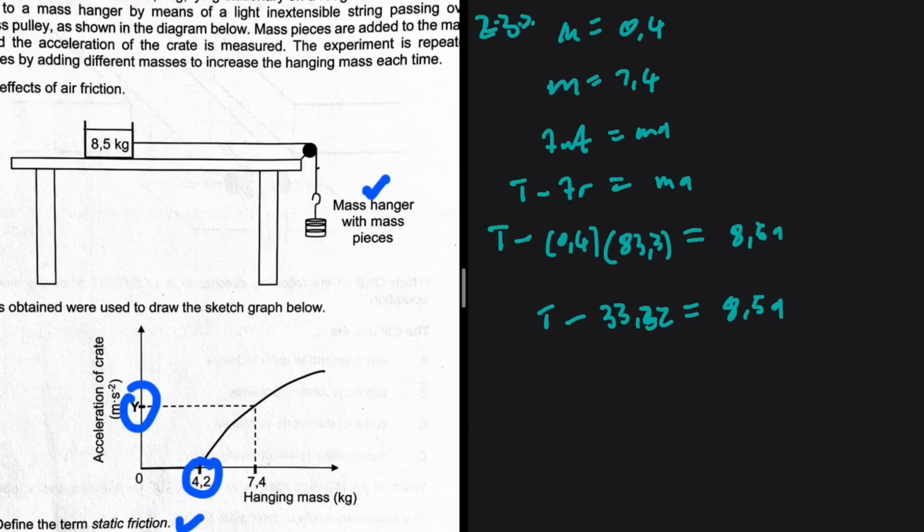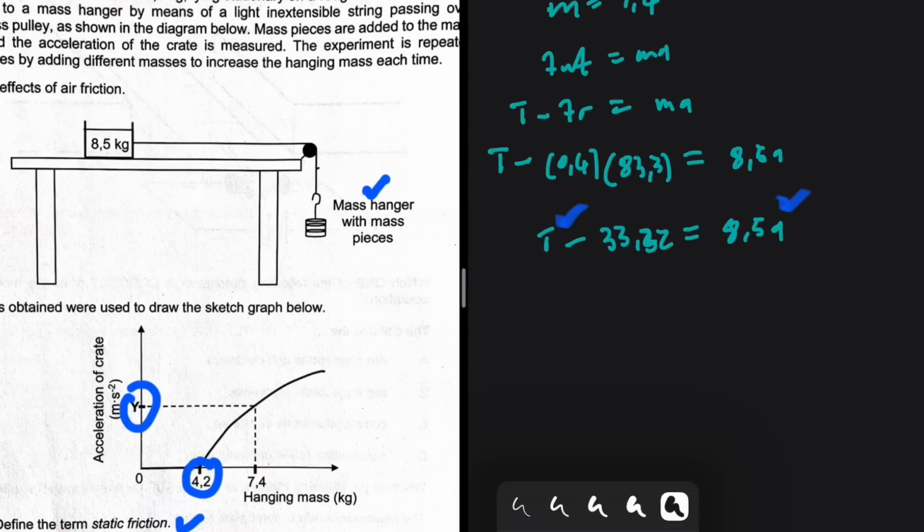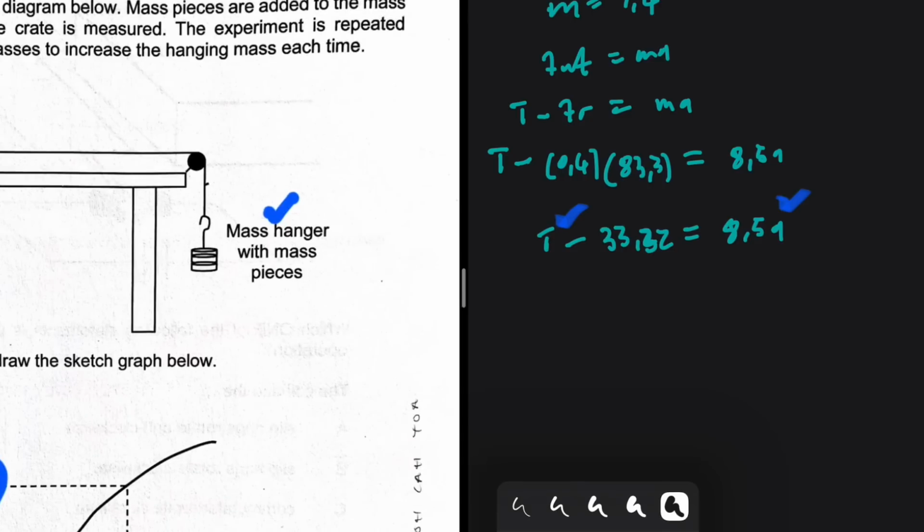Okay, so it seems like we are stuck here. We have the tension and we have the acceleration, two variables, right? So we need another equation. So let's concentrate on the mass hanger. The mass hanger, the free body diagram, it should be the weight and the tension, right? So why is it going down?